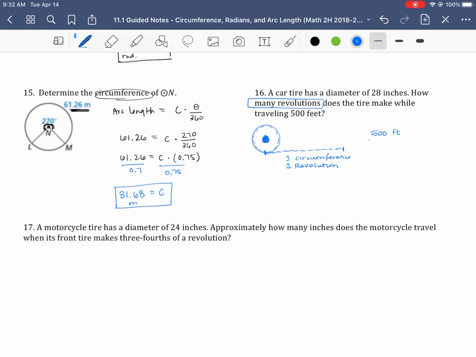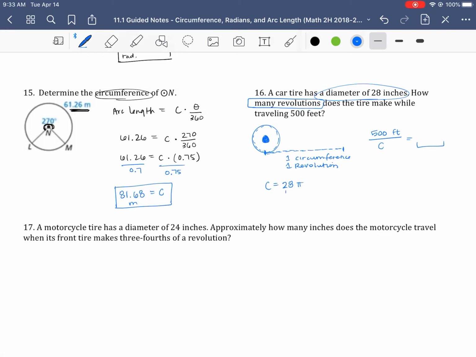So if we take 500 feet, we're going to divide it by the circumference. If we can divide it by the circumference, that'll tell us how many times it went around. So let's find the circumference. It says that it has a diameter of 28 inches. So remember, circumference is equal to the diameter times pi.